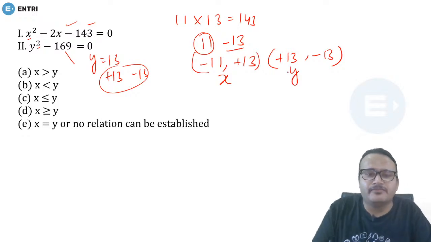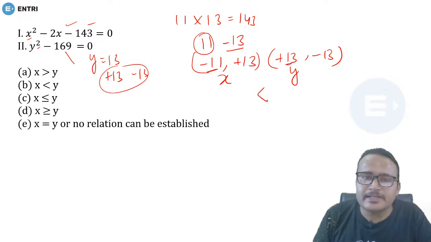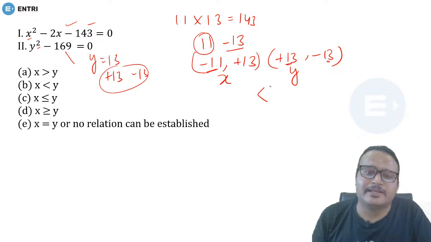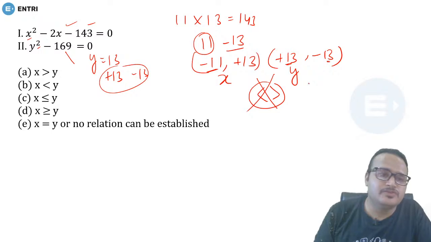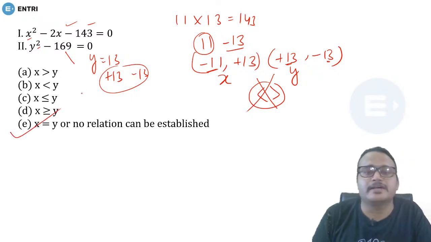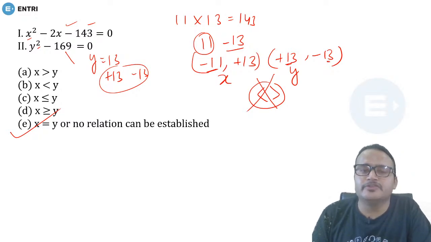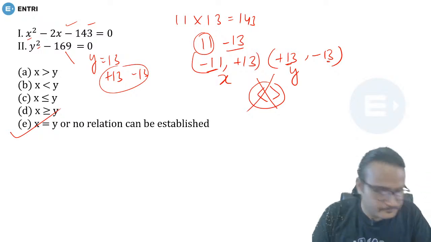You can compare these values. +13 is greater than -11, but -13 is lesser than -11, so the signs are being changed. Whenever the sign is changed, you can mark C, D or E as your right answer, because no relationship can be established between the values of x and y guys. I hope you are getting the point.